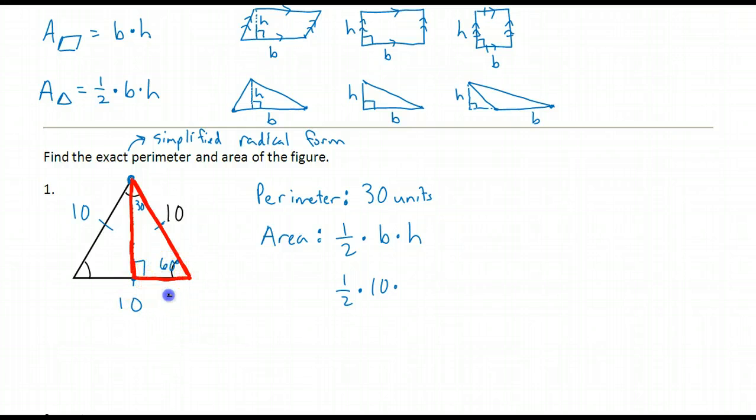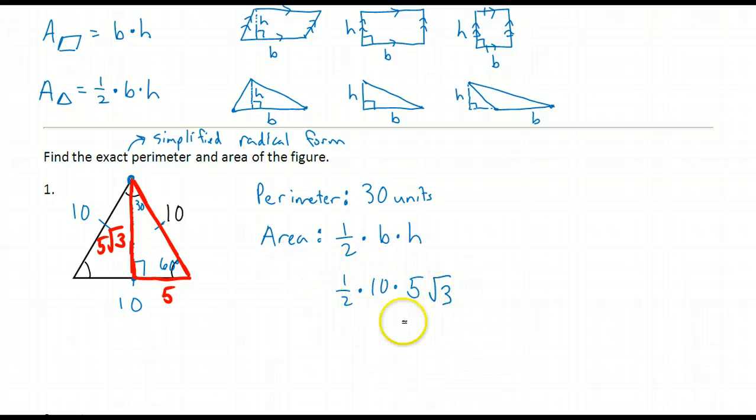This side is going to be 5. This side is already 10. So this side right here is going to be longer than this side, but shorter than this side. How much longer? Well, it's going to be my shortest side times the square root of 3. So the height of this triangle is 5 square roots of 3.